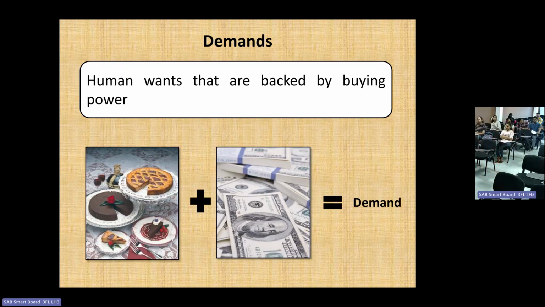And the other concept is called demand. Demand is a combination of willingness and ability. You should like it, and at the same time there should be the ability to pay for it. Because if I ask you to list down everything you wish to buy, it's a long list.